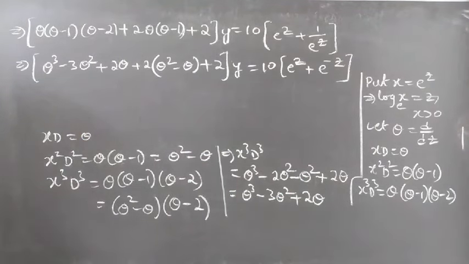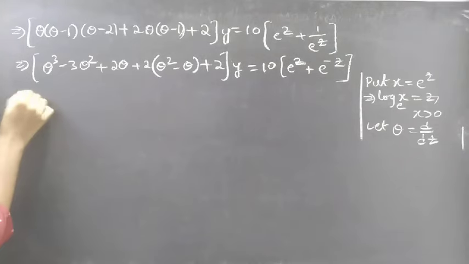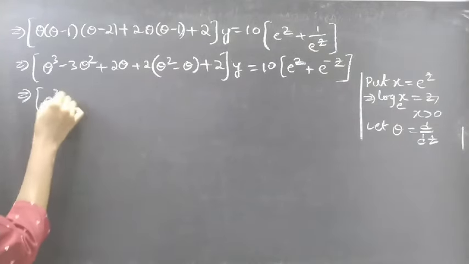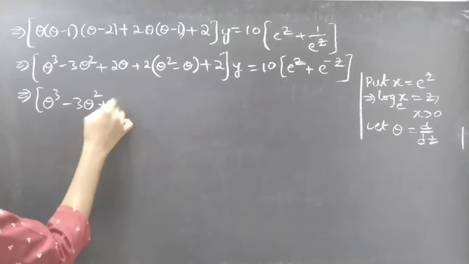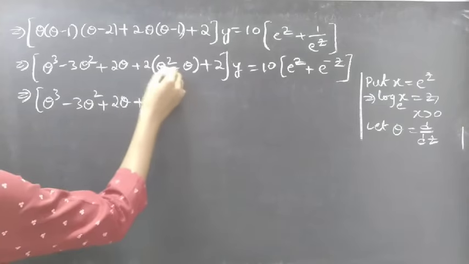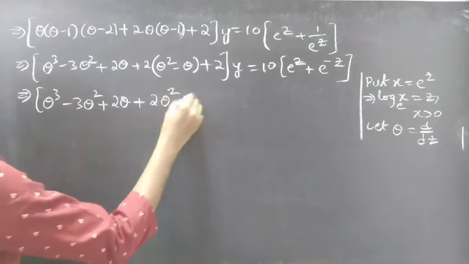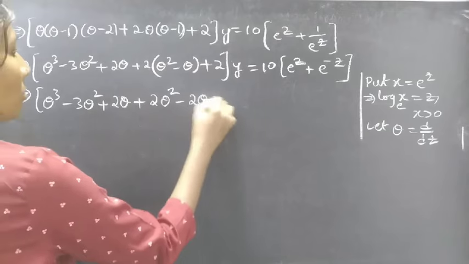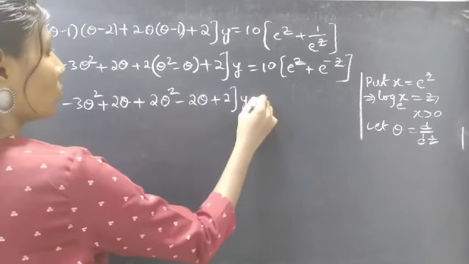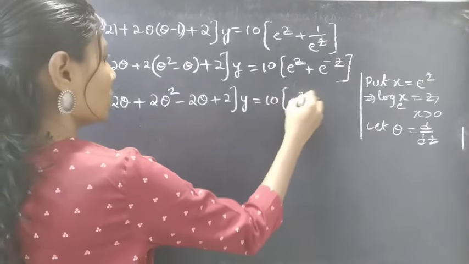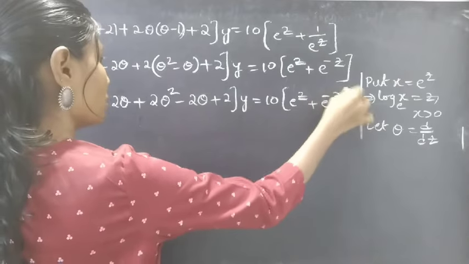Now this equation becomes theta cube minus 3 theta square plus 2 theta plus 2 into theta square, that is 2 theta square minus 2 theta, plus 2, into y equal to 10 times e power z plus e power minus z.